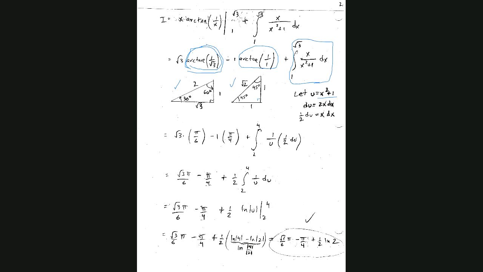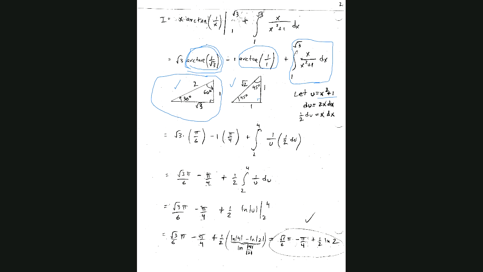But tangent is defined as opposite over adjacent. So, looking here at this 30, 60, 90 degree triangle, the tangent of what angle is going to equal 1 over root 3? 30 degrees.